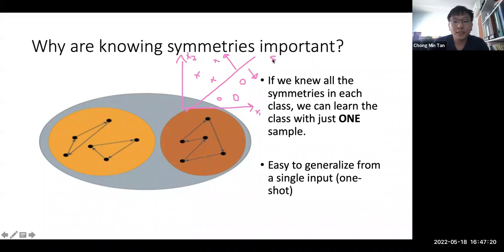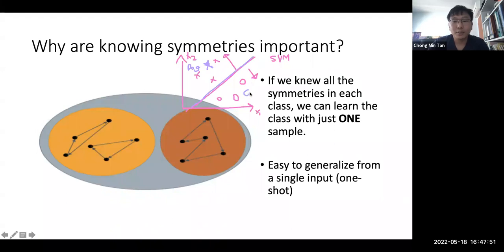If you talk about SVMs, this will be something like the functional regularity that was touched on in the previous slide. With just one sample here, because I already know how this hyperplane separates with this separating line, I can already classify this as maybe a dot, because I know that this model obeys this symmetry, whereby to the left of this line is one class, to the right another class.